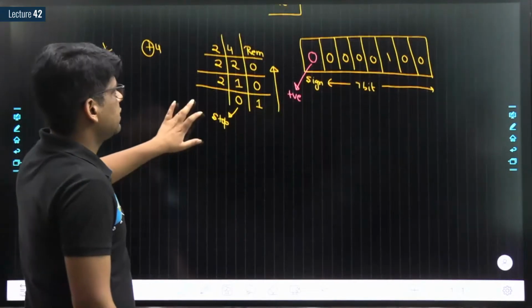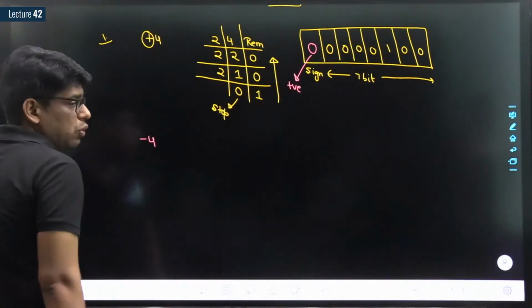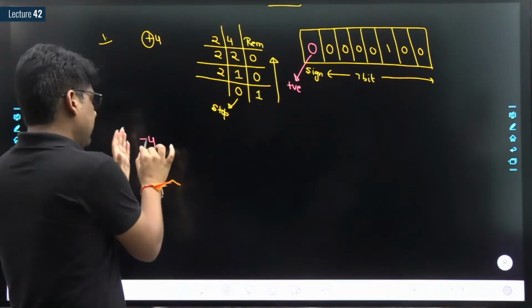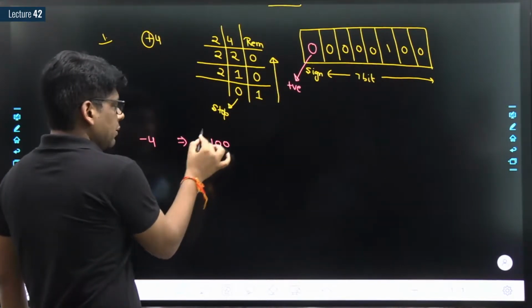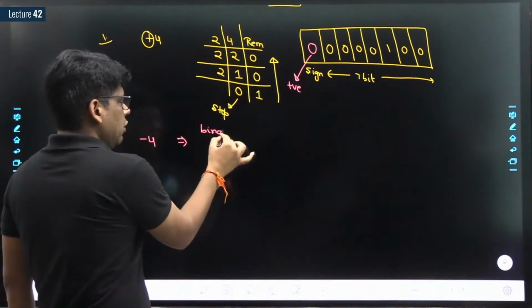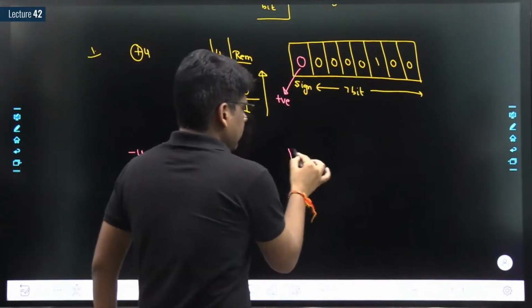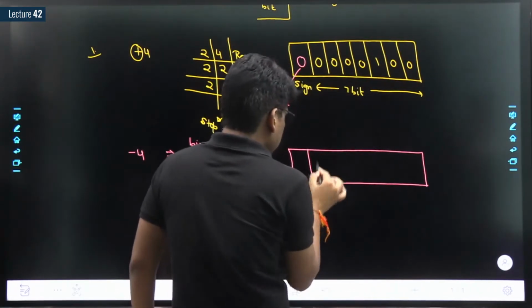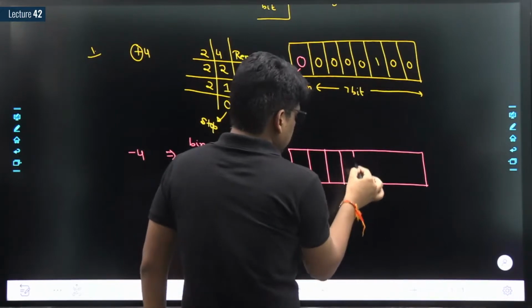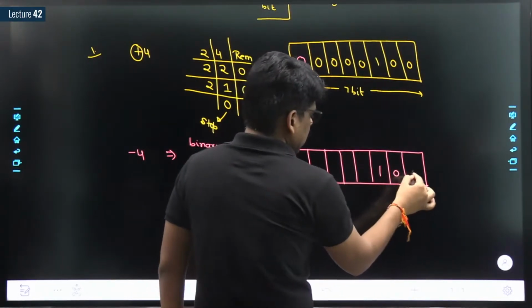Okay, sir. What if I want to store minus 4? Sir, the binary equivalent of 4 is still 1, 0, 0. That means for a negative number, what are we doing? Nothing to the magnitude. Talking about magnitude, the story is the same.